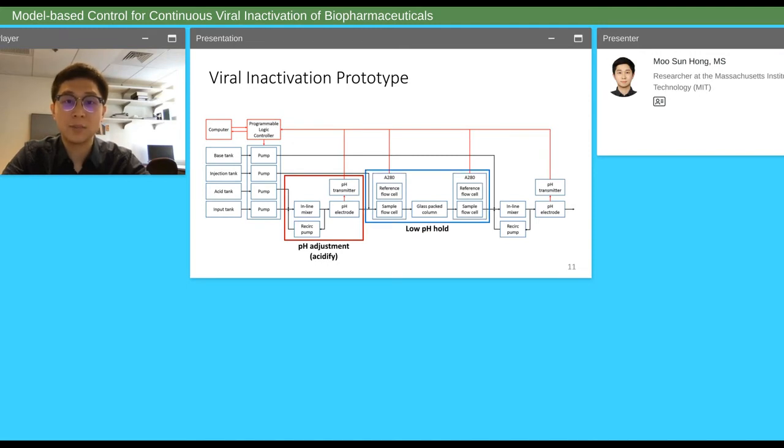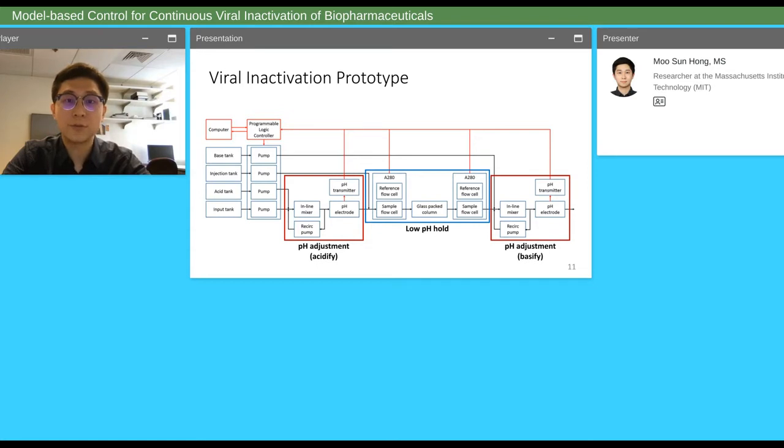The mixed stream then flowed into a column packed with inert glass to incubate the low pH solution for a sufficient time for viral activation. An injection system was used to periodically inject UV transparent solution into the flow stream. UV absorbance sensors were placed at the column inlet and outlet to measure the column transit.